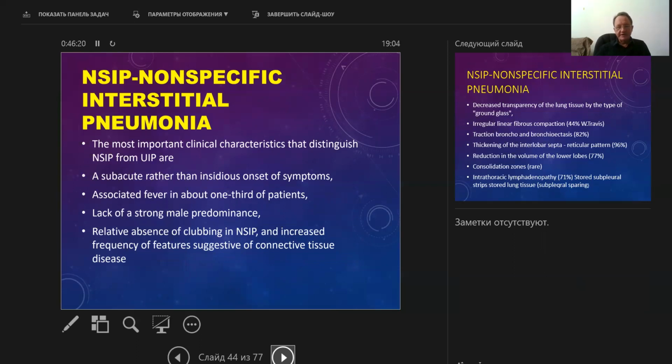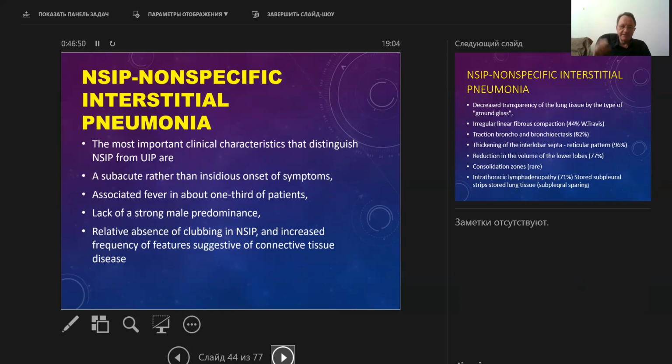The most important clinical characteristic that distinguishes non-specific interstitial pneumonia from IPF is mostly a subacute onset rather than an insidious onset of symptoms. In one third of patients it is associated with fever, and there is a lack of strong male predominance.